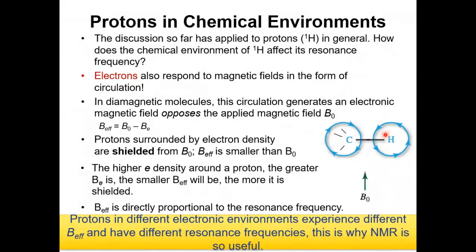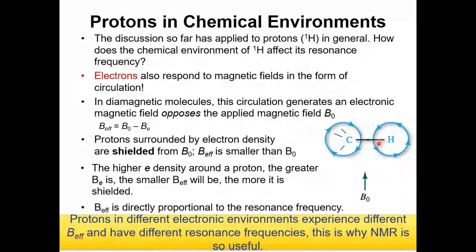Those electrons will undergo a circulation induced by the magnetic field, and this circulation will induce a field against it. Assume the big magnetic field is going up.